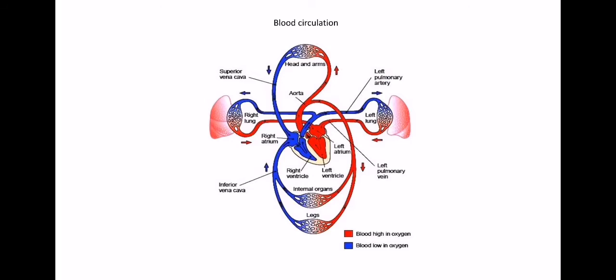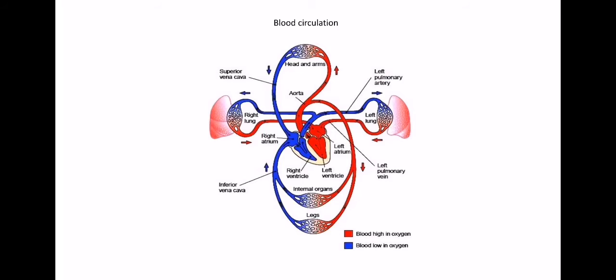And the blood that carries the carbon dioxide gas will enter the heart through the superior and inferior vena cava to the right atrium, from the right atrium to the right ventricle. The right ventricle contracts and pushes the blood to the lung through the pulmonary artery.